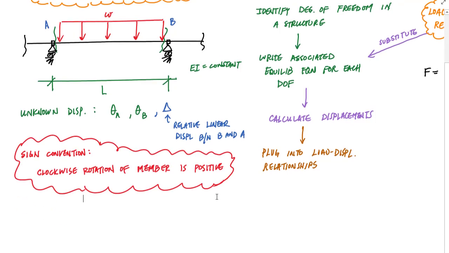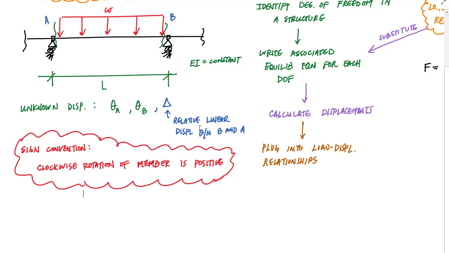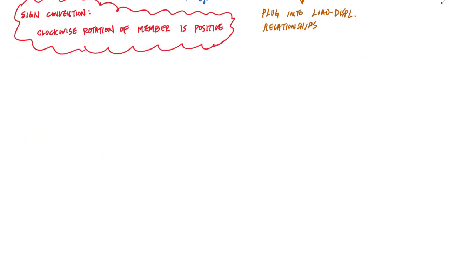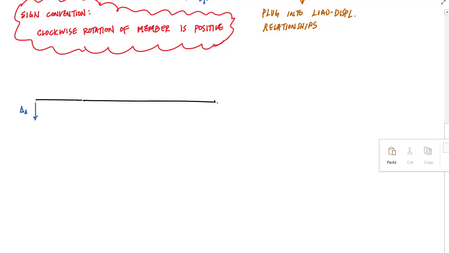To illustrate that, let's start with the relative linear displacement between B and A. If I have a member originally here, it's possible that end A would move down a certain distance. I'll call this delta A. And delta B moves another distance, which happens to be bigger, delta B, like this. And now the member has rotated into this final shape.